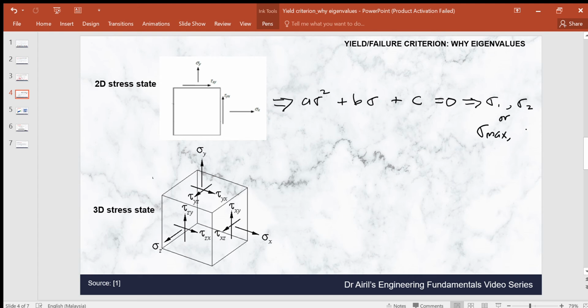So we should then expect that if we have a 3D stress state, it should lead to a cubic polynomial, which we can write as this.